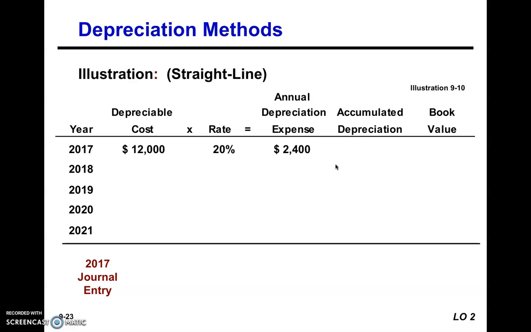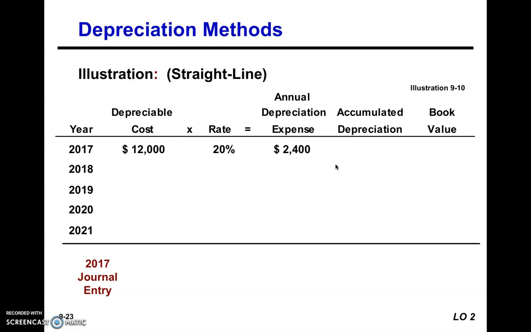How do we arrive at that? Let's say we bought it on July 1st. Then we can only take half of $2,400 as an expense during the first year of useful life of this asset, because there are only 6 months in 2017 that we used it in the operation.